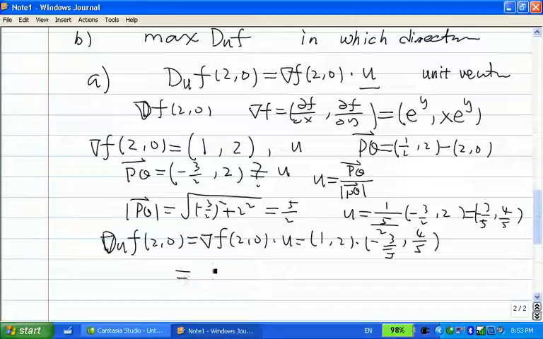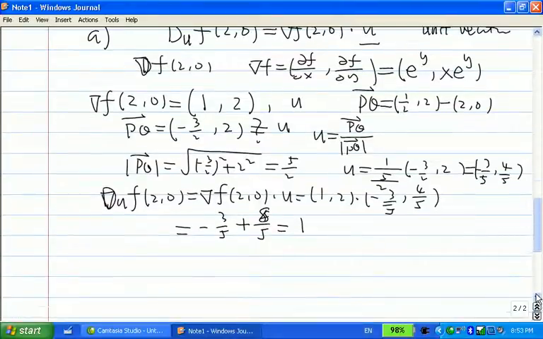So it equals 1 times -3/5 plus 2 times 4/5, which gives you 5/5, which is 1. So we finish part A. The rate of change of your function along the direction from P to Q at the point (2, 0) is 1.